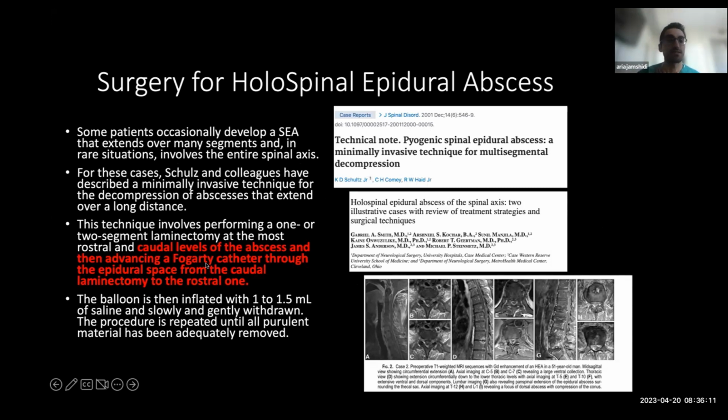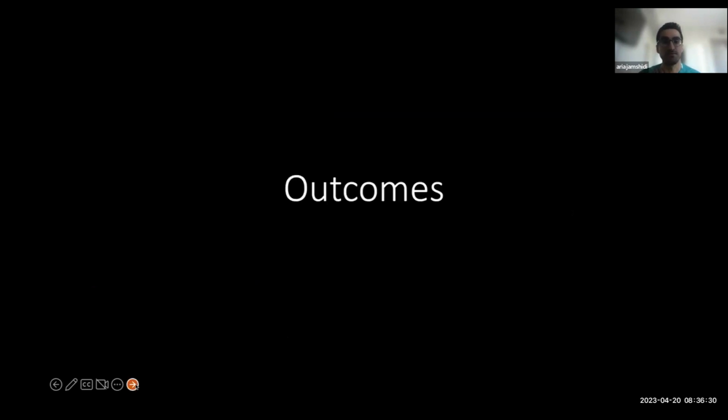And they talk about doing skip laminectomies over the areas of compression and using a Fogarty catheter through the epidural space, essentially going from the caudal laminectomy side to the rostral one, and then essentially inflating 1 to 1.5 cc's of saline to remove the purulent material.